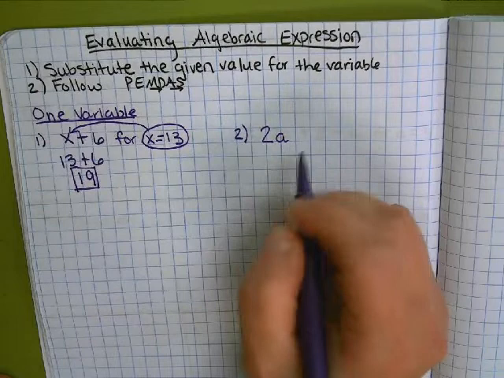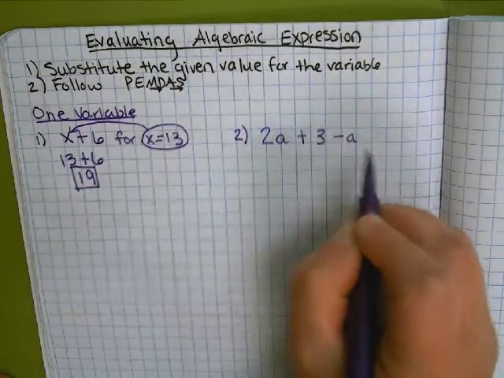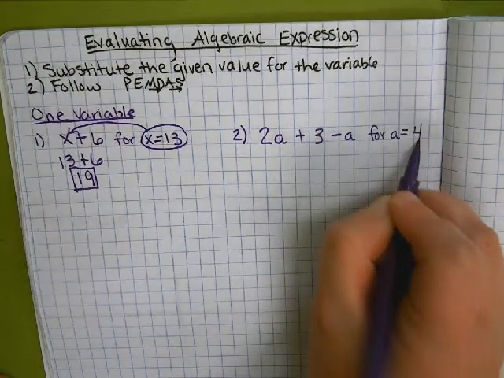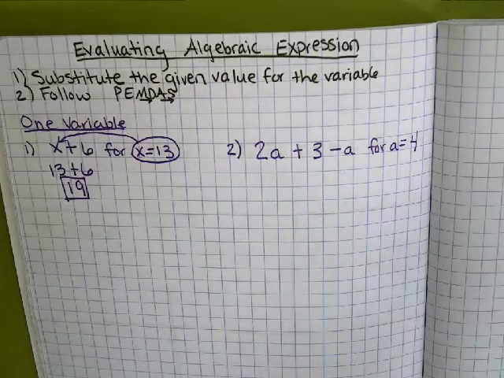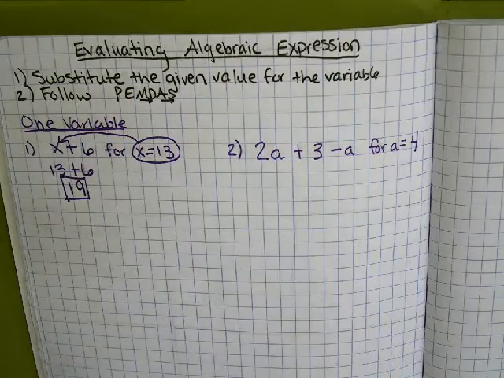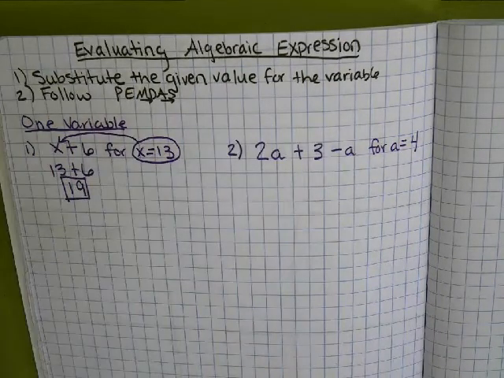2a plus 3 minus a for a equals 4. Now you can pause it here and try it on your own, or you can do step by step with me, whatever you feel most comfortable with. So step 1 says substitute in for a.